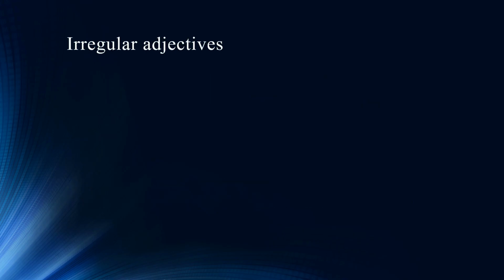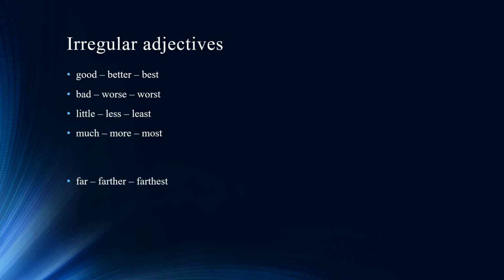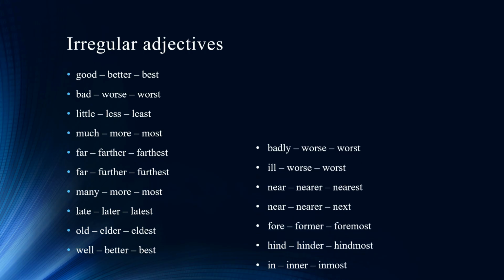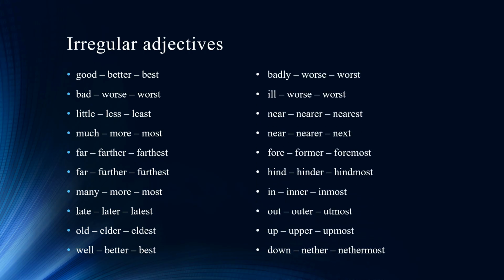There are a few examples of irregular adjectives: good, better, best; bad, worse, worst; little, less, least; much, more, most; far, farther, farthest; far, further, farthest; many, more, most; late, later, latest; old, elder, eldest; well, better, best; badly, worse, worst; ill, worse, worst; near, nearer, nearest; near, nearer, next; fore, former, foremost; hind, hinder, hindmost; in, inner, inmost; out, outer, utmost; up, upper, upmost; down, nether, nethermost.